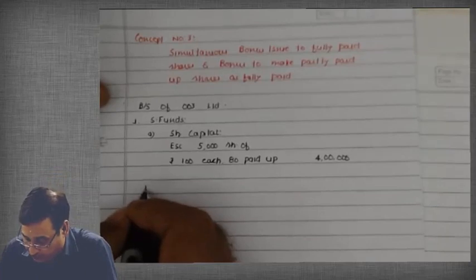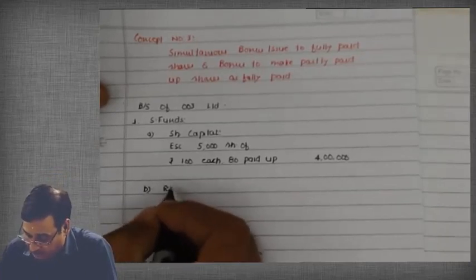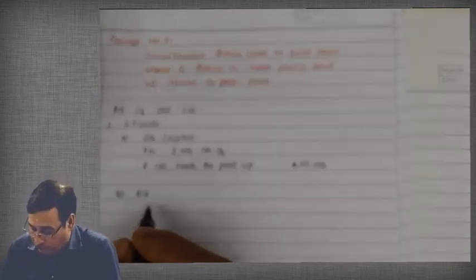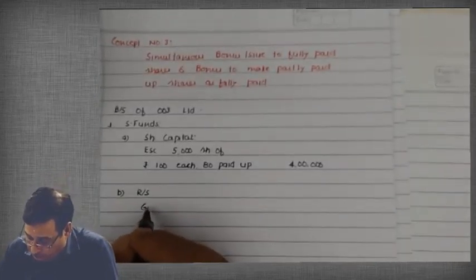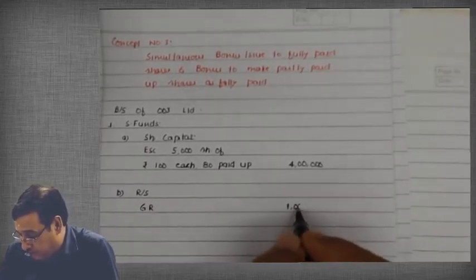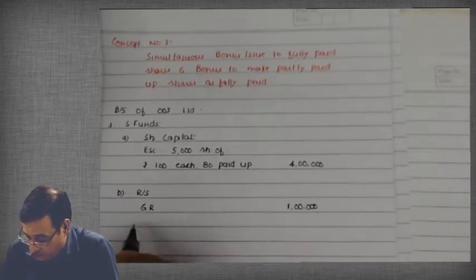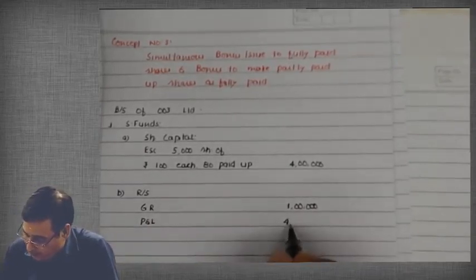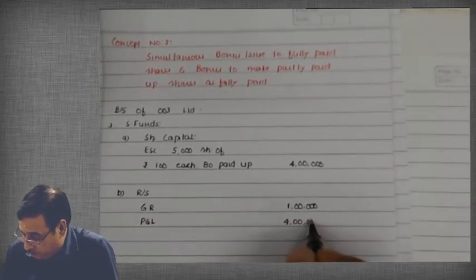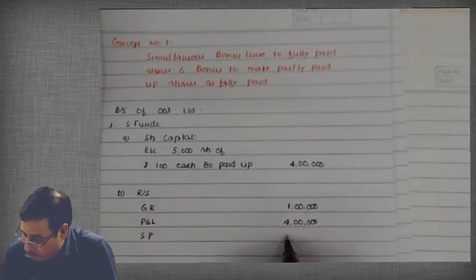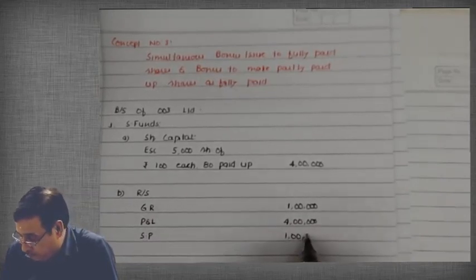Then we have reserves and surplus. Right along with me, general reserve. Let us say general reserve is 1 lakh. Profit and loss account 4 lakhs. Security premium 1 lakh.